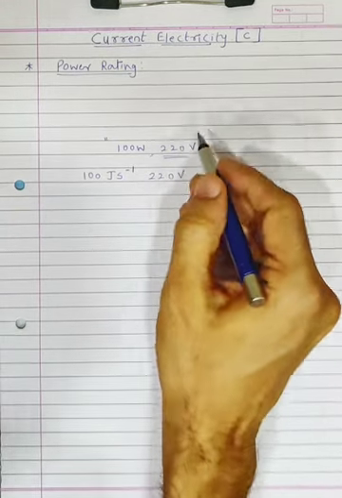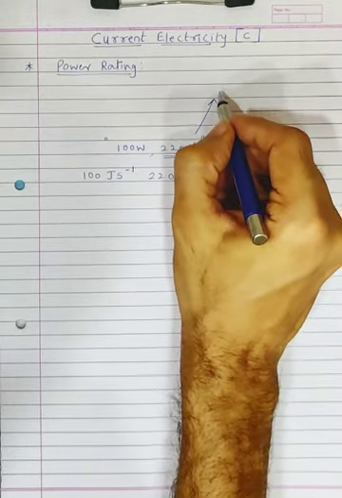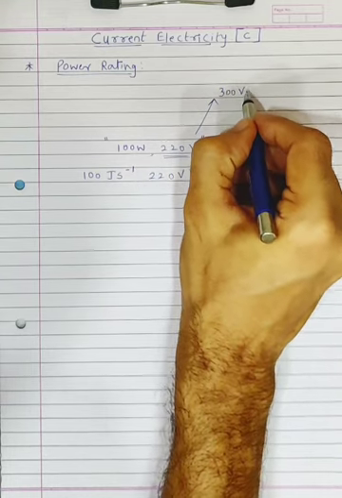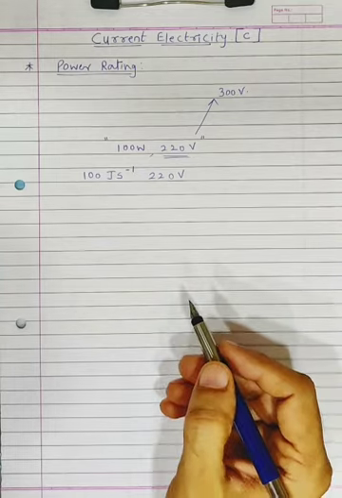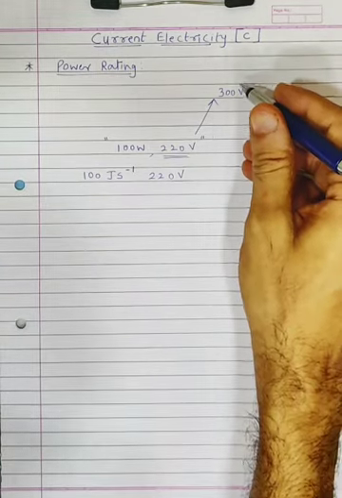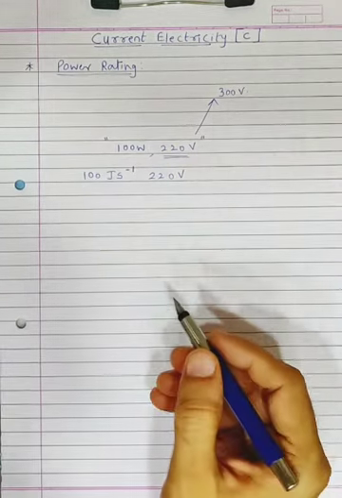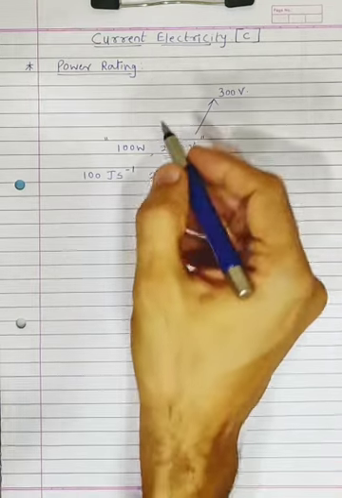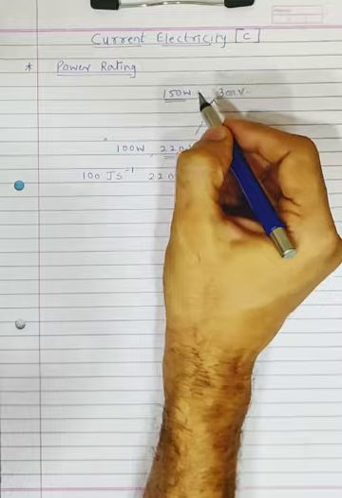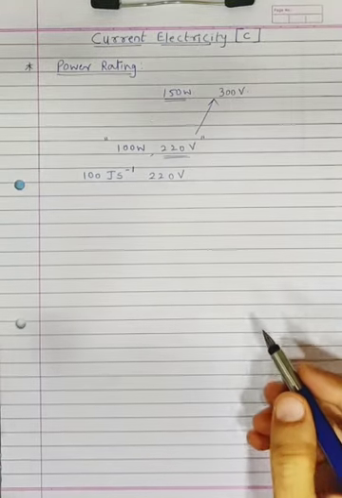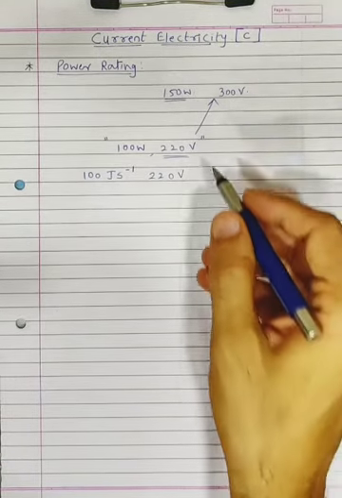Now let's say the required potential difference is 220 volts, but in some place the potential difference becomes 300 volts. Is this good or bad for your appliance? It is very dangerous for your appliance if the potential difference increases drastically to 300 volts. Why? Because when the potential difference increases, it will also give more power to the bulb.